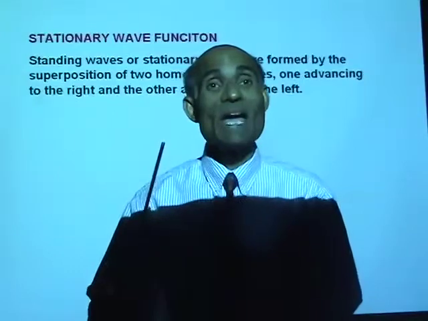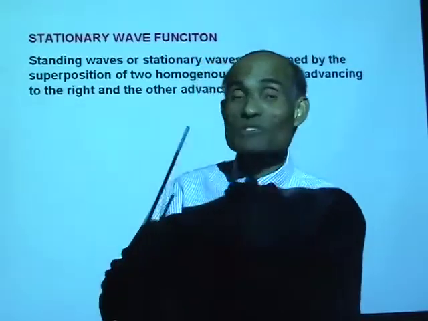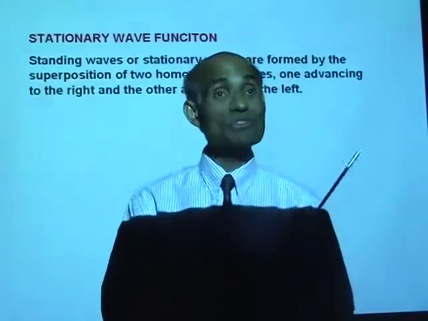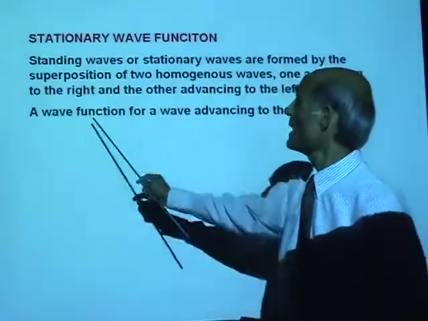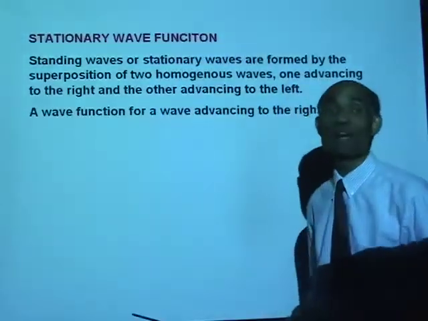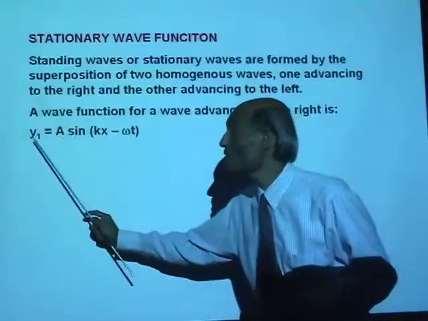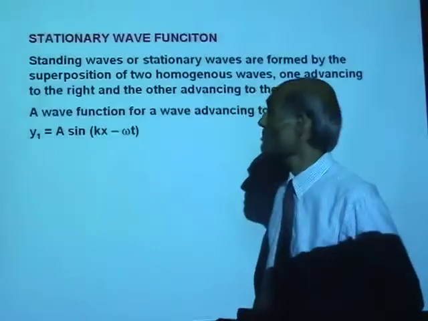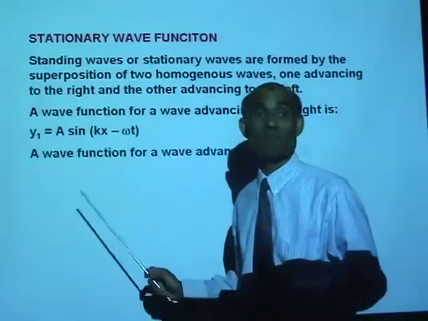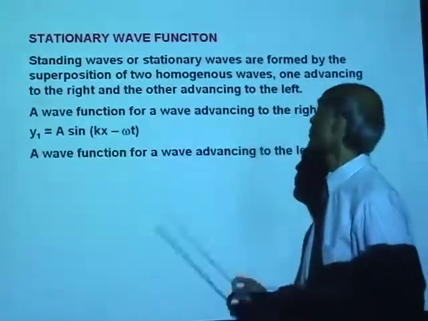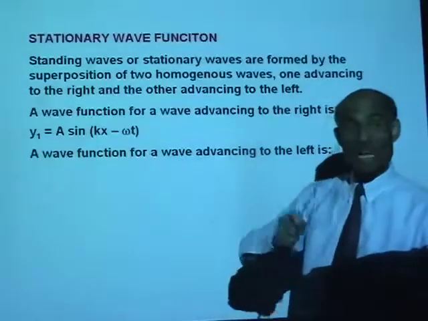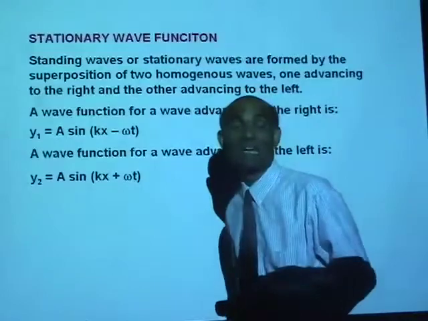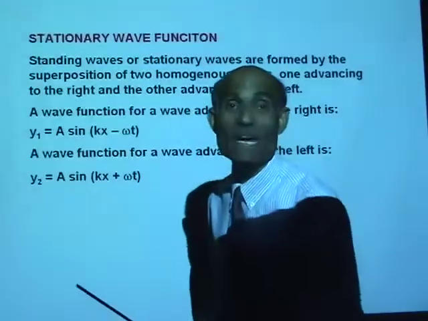Y equal to a sine(kx plus omega t) is the equation of the wave that advances to the left. So a wave function for a wave advancing to the right is y1 equal to a sine(kx minus omega t), and a wave function for a wave that advances to the left will be y2 equal to a sine(kx plus omega t).